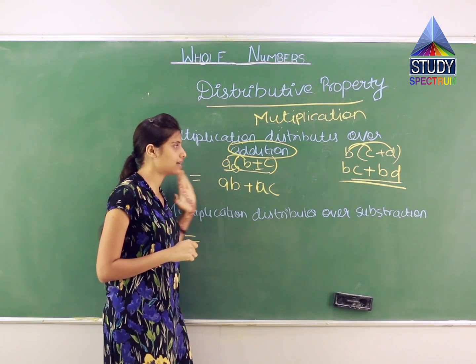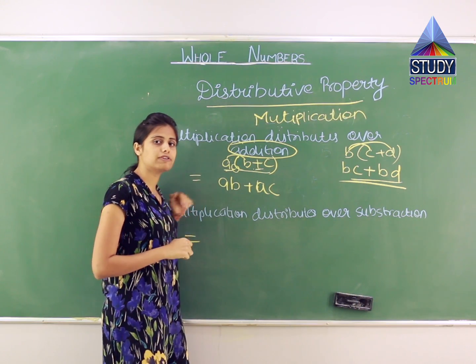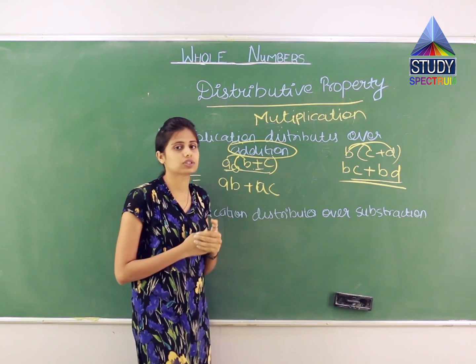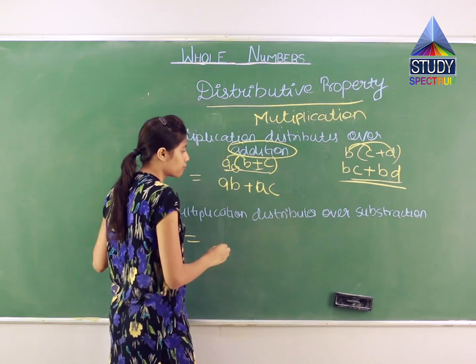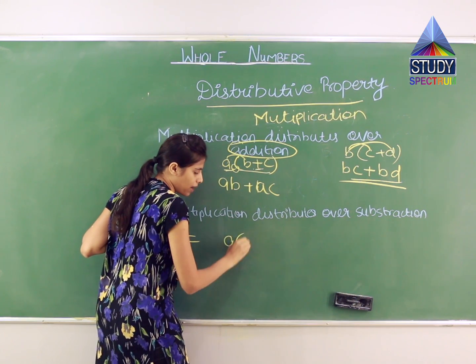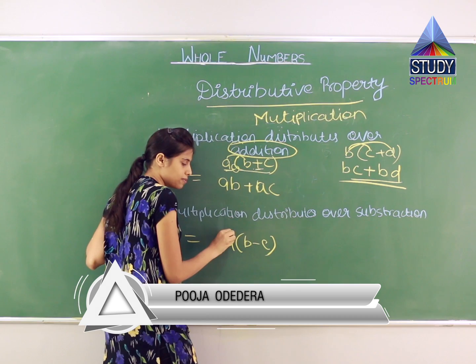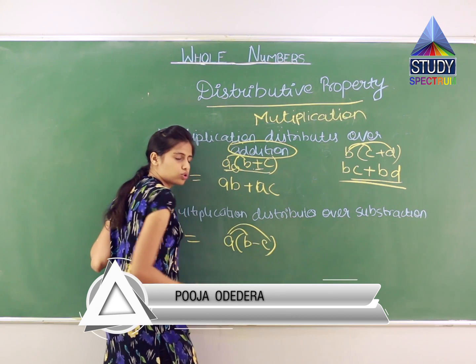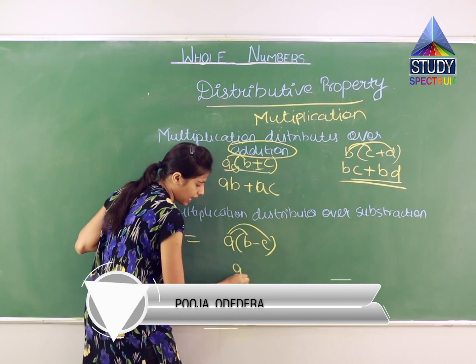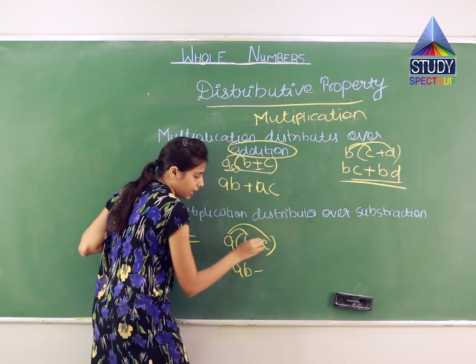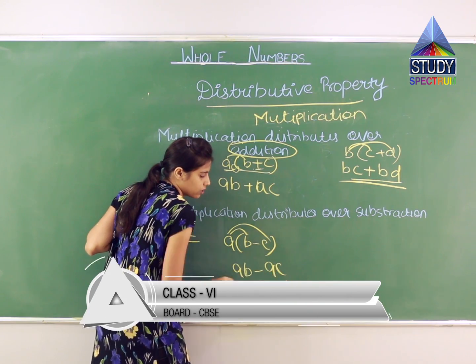Now same as this, there is also another property which is multiplication over subtraction. Let us see what is the formula for that. The formula for that is A in bracket B minus C. How to solve this? You have to distribute this A to B and also to this C. So it will be what? AB minus AC.